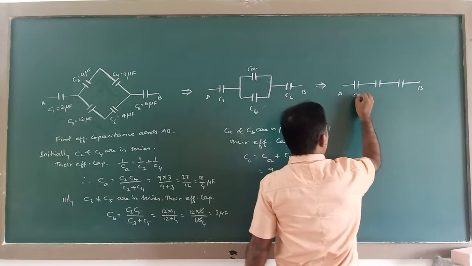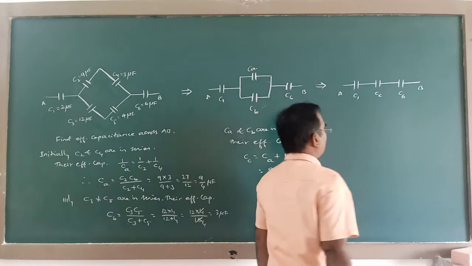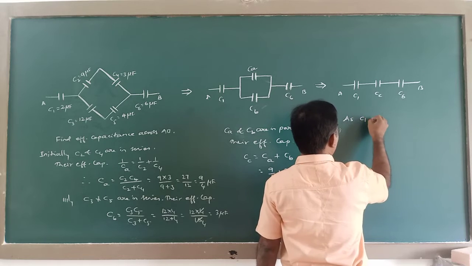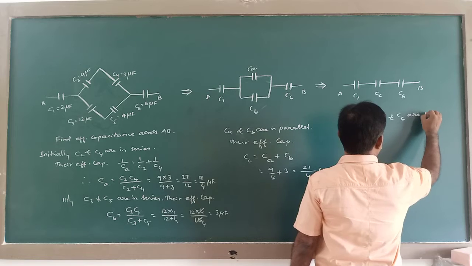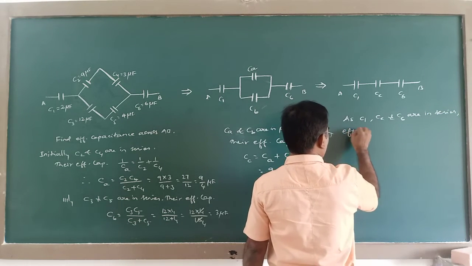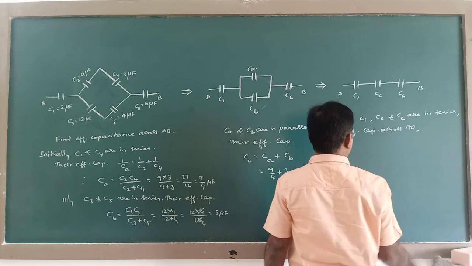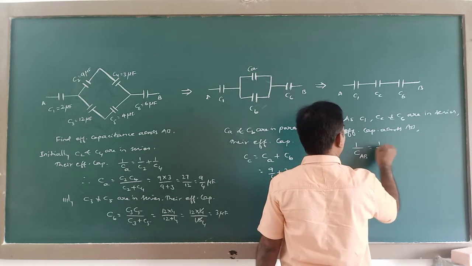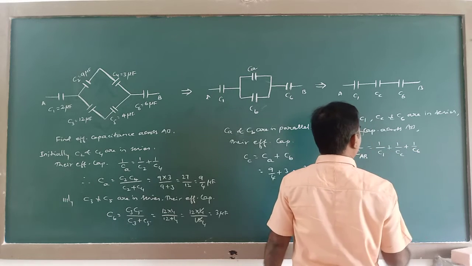Across AB, C1, CC, C6 are in series. As C1, CC and C6 are in series, the effective capacitance across AB: 1 by CAB is equal to 1 by C1 plus 1 by CC plus 1 by C6.